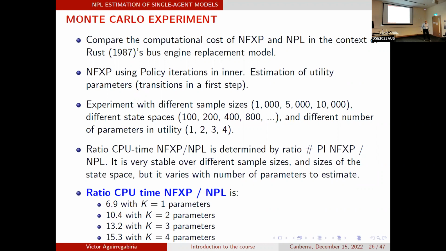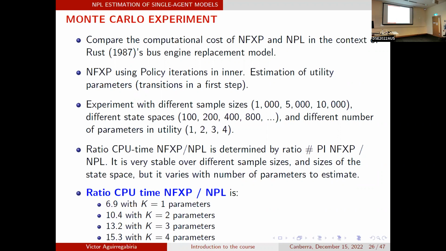But we wanted to see something that our theoretical results don't tell us anything about: how many iterations of the nested pseudo likelihood we need, and what the relative computational cost of NPL and nested fixed point is. Then, as almost everybody in this literature, when you need to try any estimator or method, you use John's bus engine replacement model and data. And that's what we did.